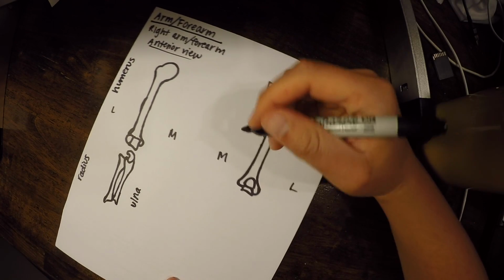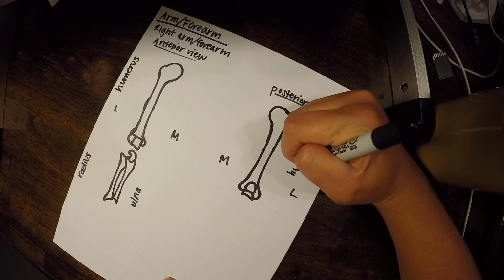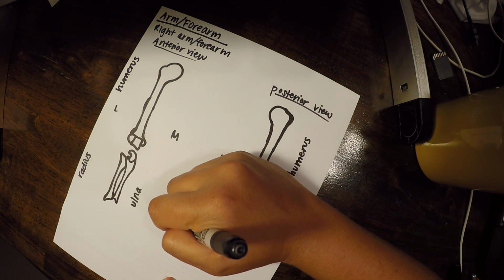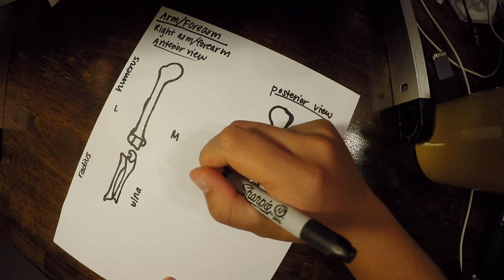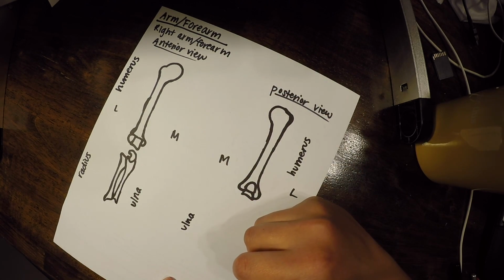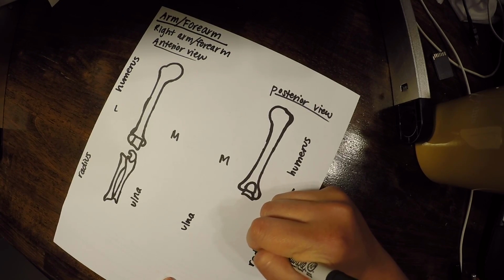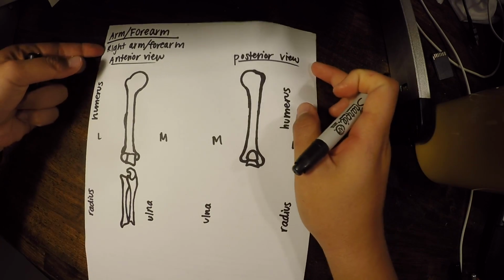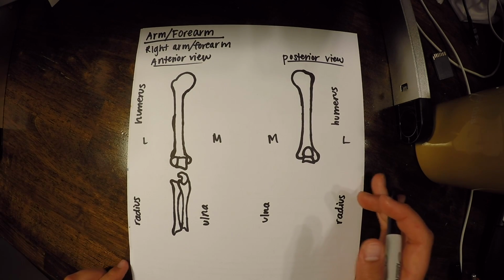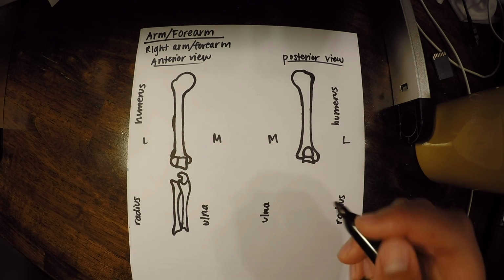So again, this was our humerus here. Now medially is always going to be our ulna, and then laterally we're going to have our radius. Alrighty. So let's get going with our ulna first.